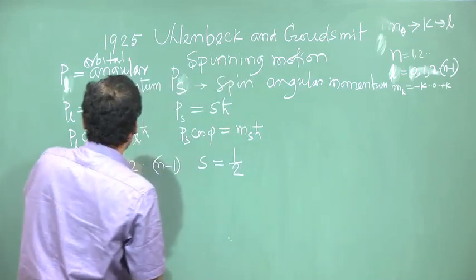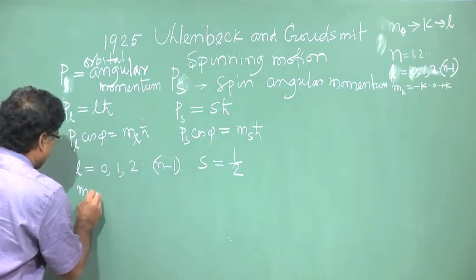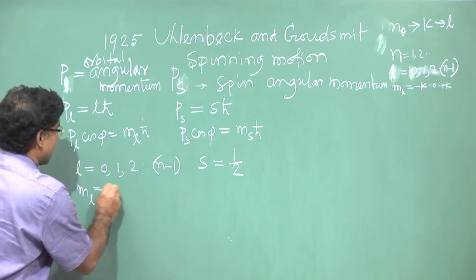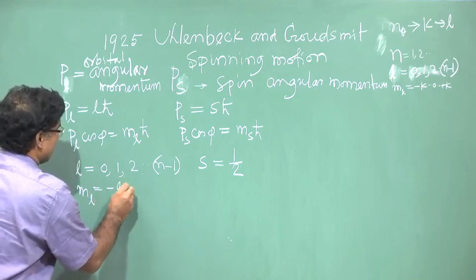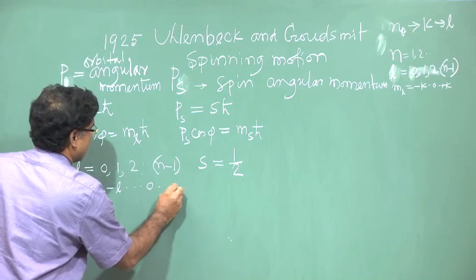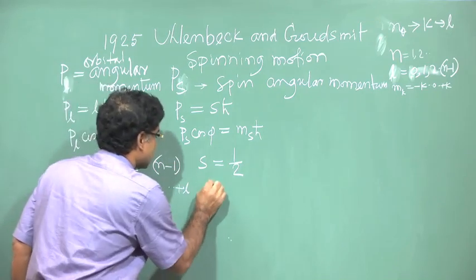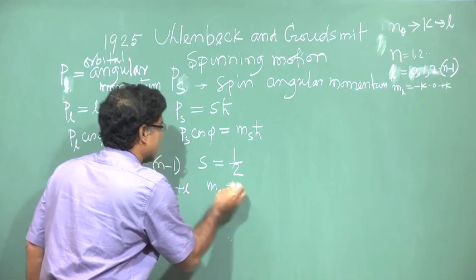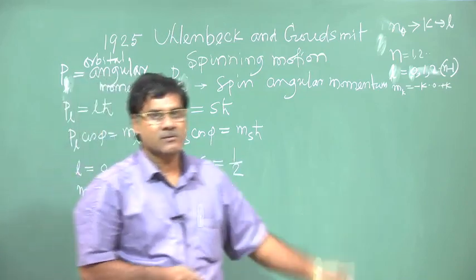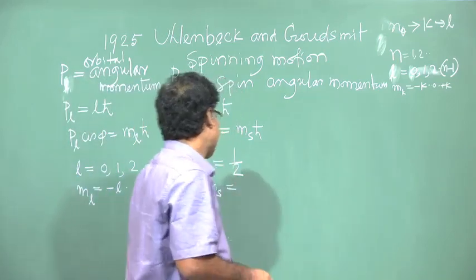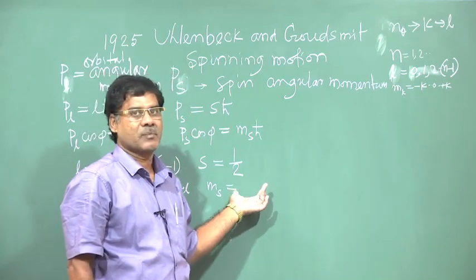And the ML value, what we have seen, goes from minus L to plus L. Similarly, the MS value also goes from minus S to plus S, S is half, so it can take minus half to plus half.